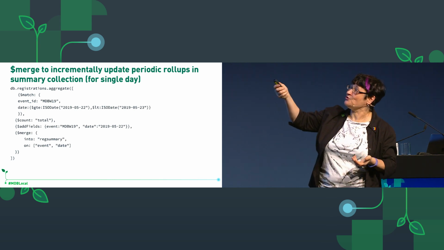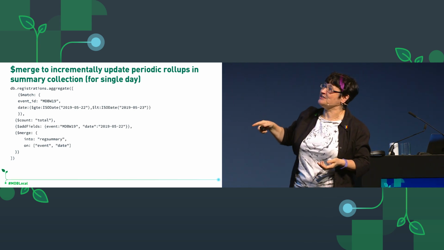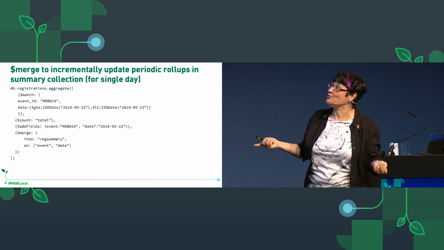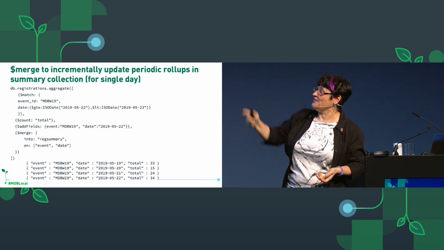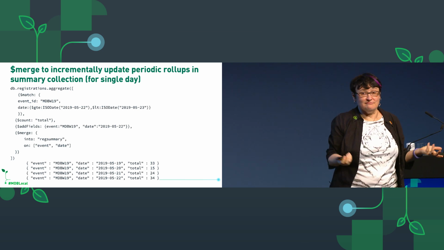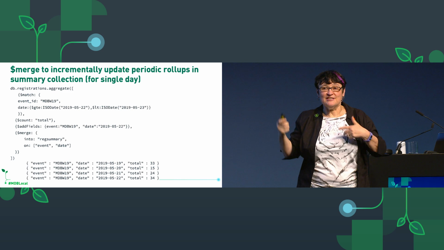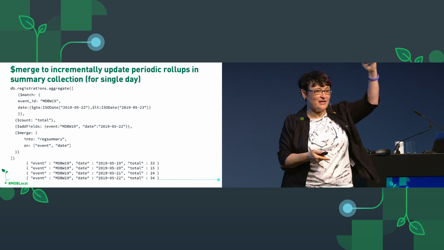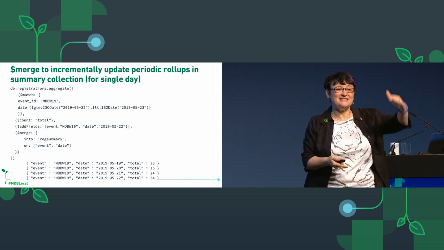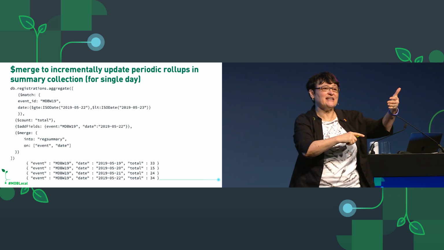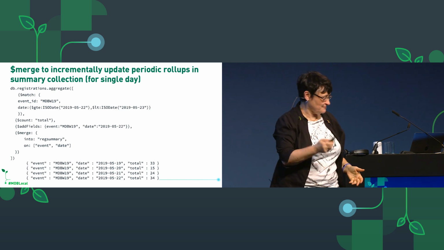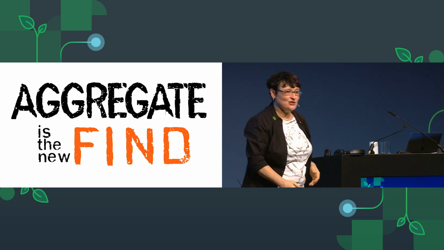And I'm just going to count the total, add the fields for the date that I'm running it for the event I'm running it for, and merge it into reg summary. And then I'm going to have a new entry there. Pretty easy. The nice thing here is you don't have to reanalyze or reaggregate the entire thing. You can do just a slice of data that's new since the last time you ran your aggregation.